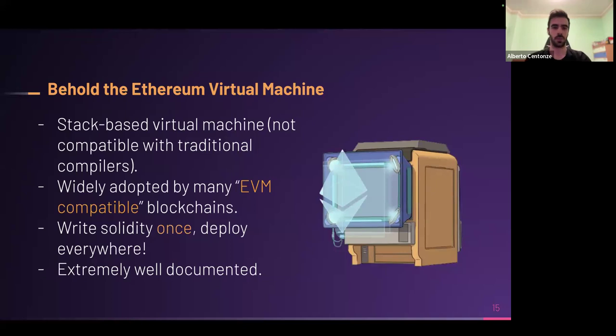When you are building in Solidity, you're compiling to Ethereum opcodes, so they have their own kind of assembly or low-level language, if you will. And the peculiar thing about this very specific virtual machine is that it's a stack-based virtual machine, so they wanted to try something a bit different.